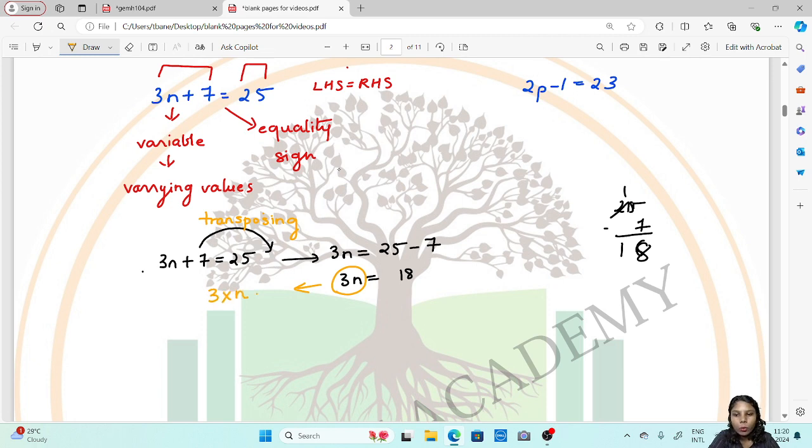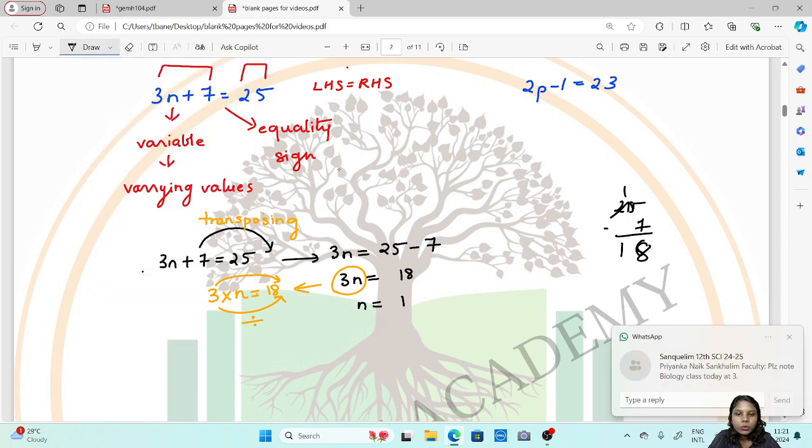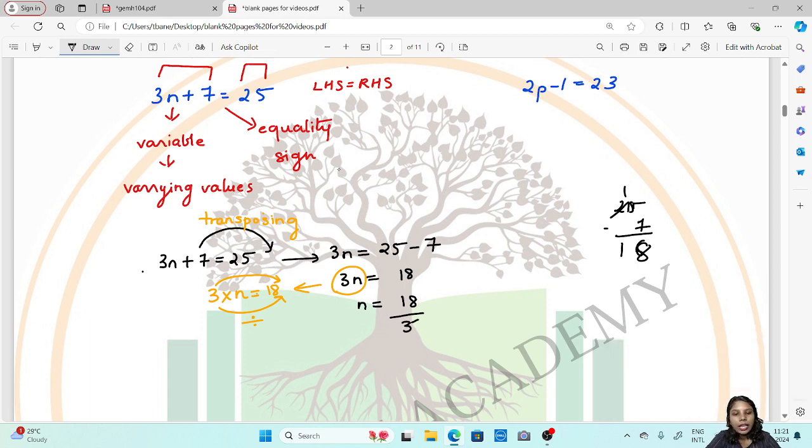If we take this 3 to the other side of the multiplication sign, on the LHS it is multiplication, so the moment it goes to the other side, it becomes divide. So here we get n equals 18 upon 3. We can cancel this out, so n equals 6.